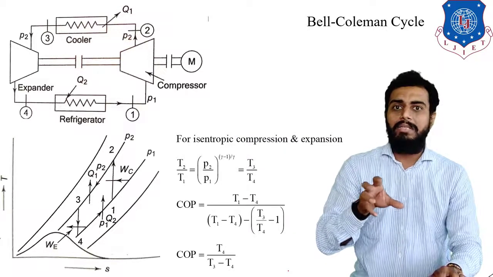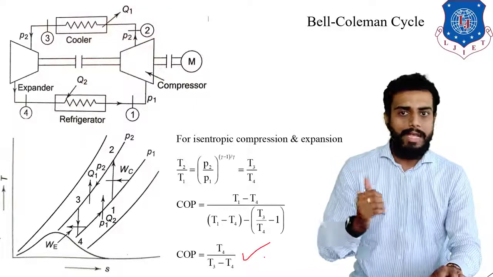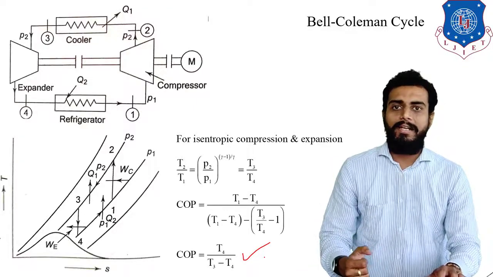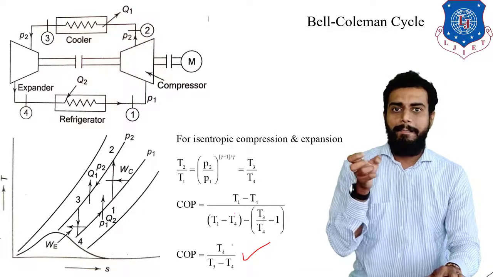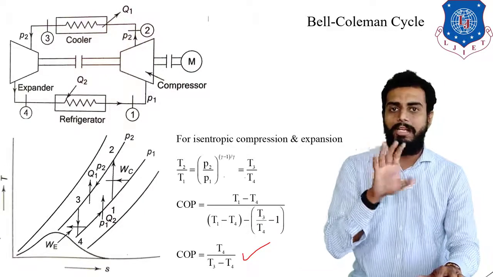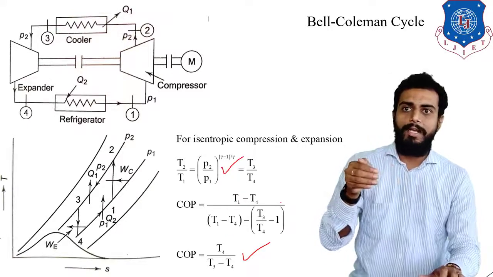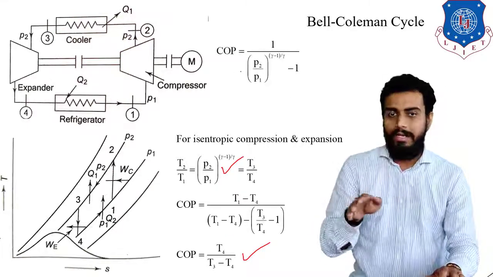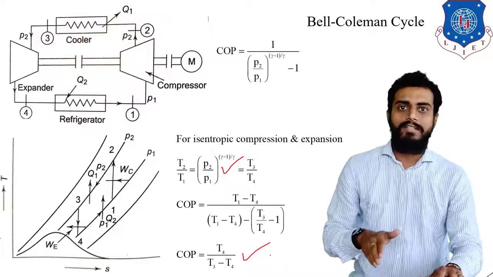You can also write this COP in terms of pressure ratio. Okay. Let us do that. So for that, observe that here I can write T3 by T4 as P2 by P1 raised to gamma minus 1 upon gamma, right? And you know that P2 is corresponding to the cooler pressure, that is high pressure, and P1 is corresponding to the refrigerator pressure, that is low pressure.